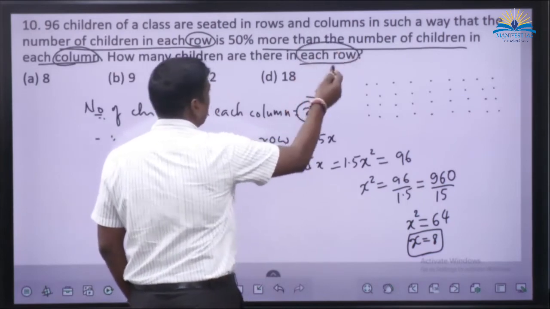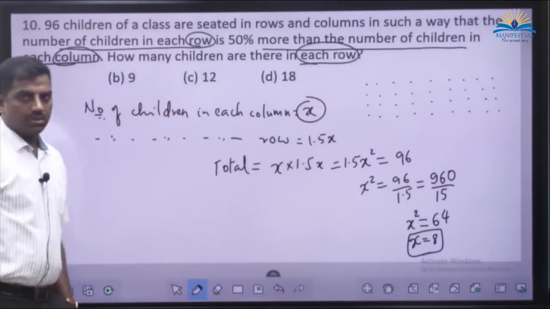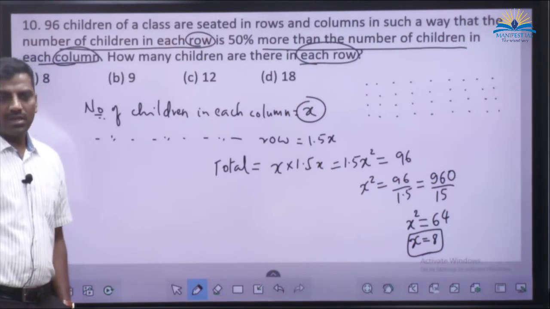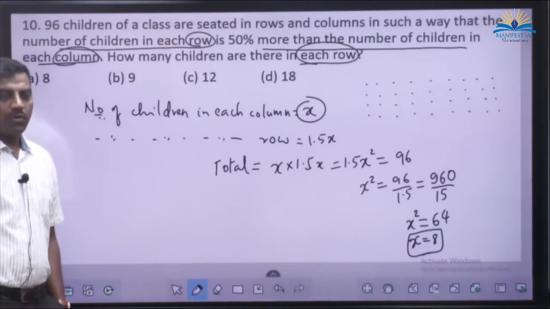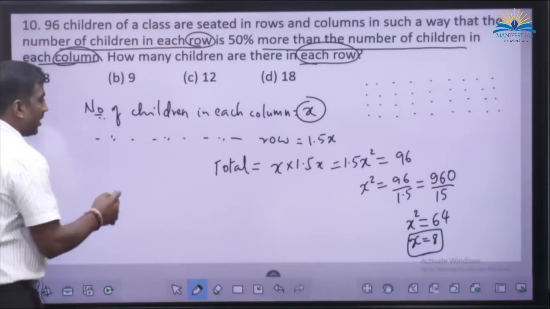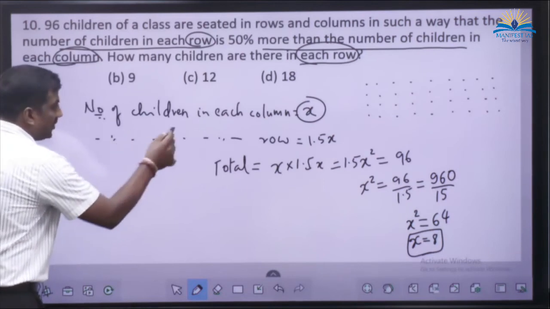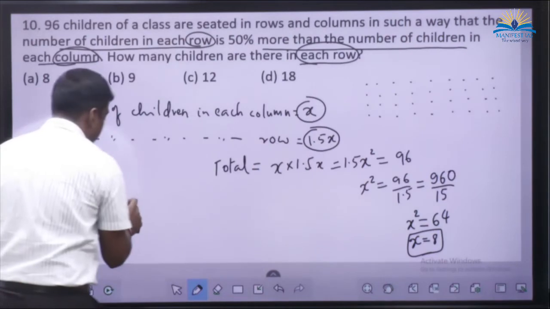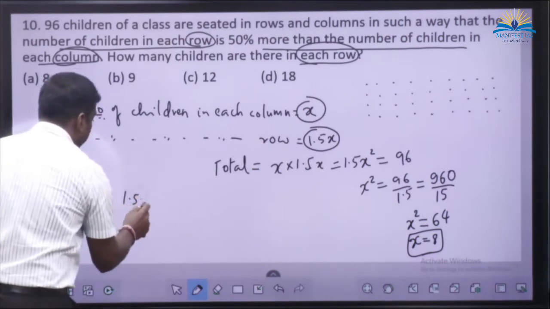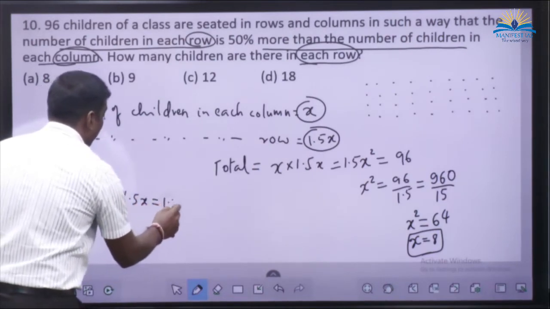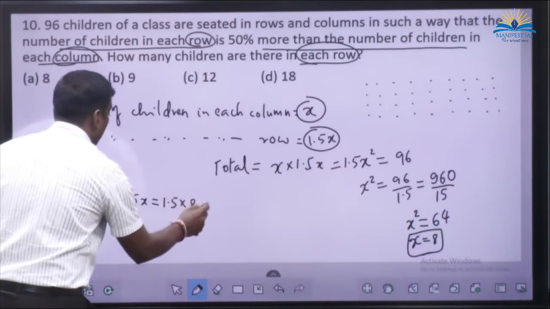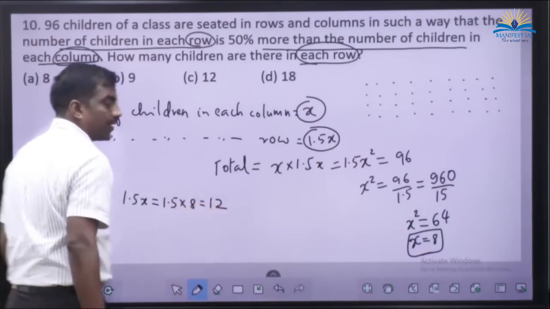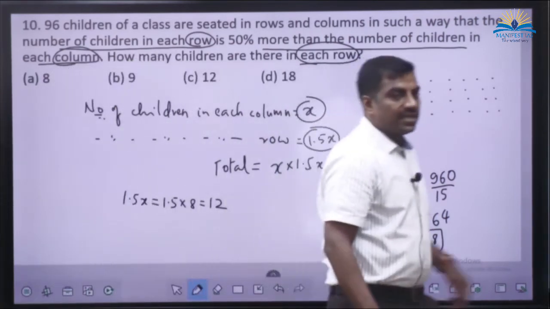In each row, how many are there? 1.5 times. So, the number of students in each row is 1.5x. This 1.5x is equal to 1.5 times 8, that is equal to 12. 12 eights are 96.